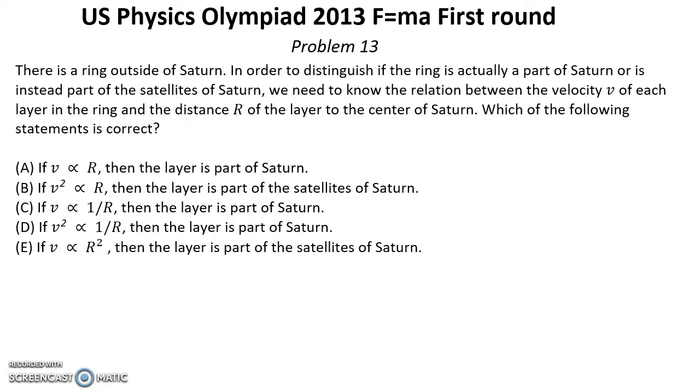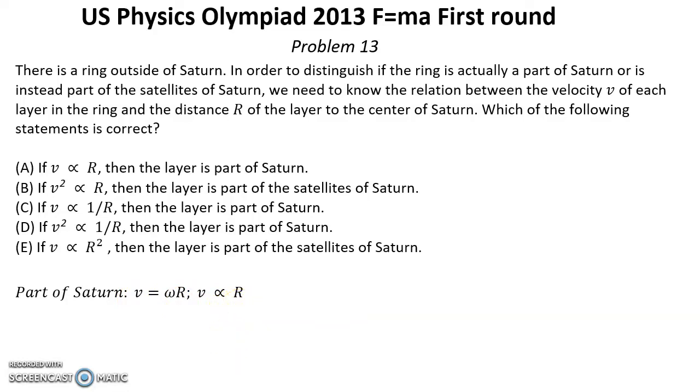Solution. First, let's investigate how velocity depends on radius in each case. Suppose that this layer is part of Saturn. In that case, we have velocity equal omega r, and it's definitely proportional to radius r.